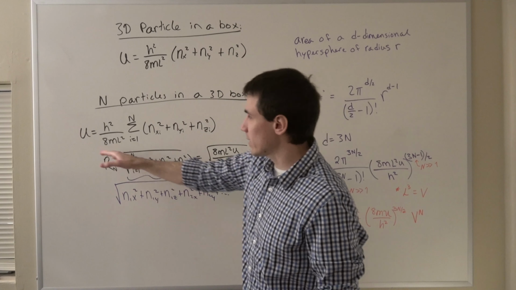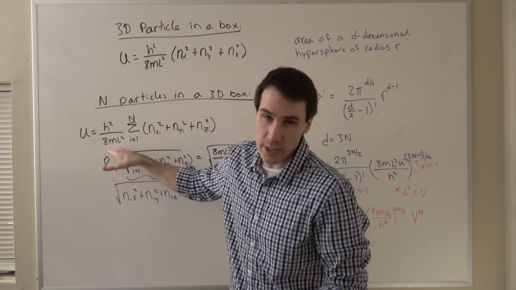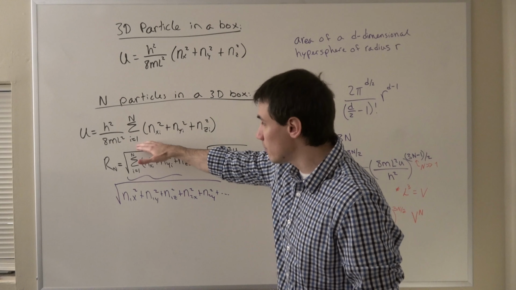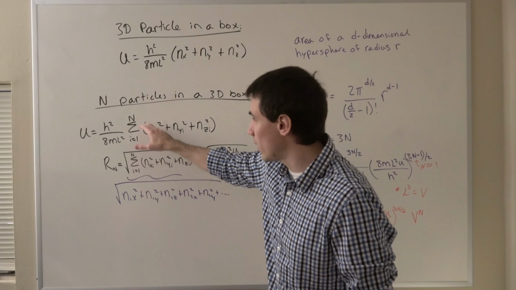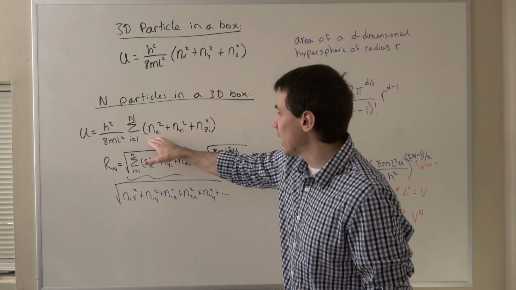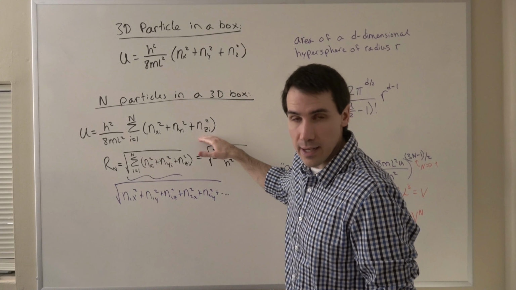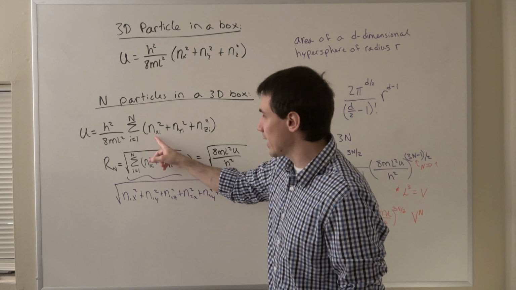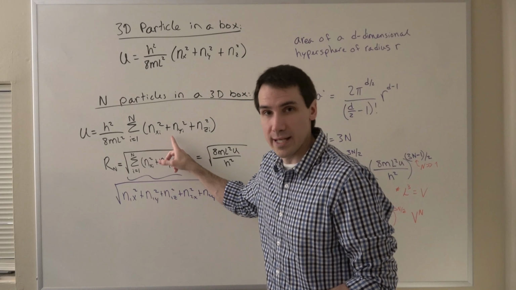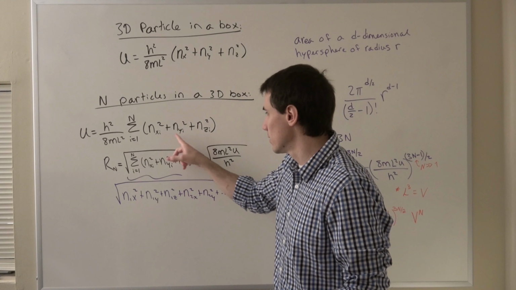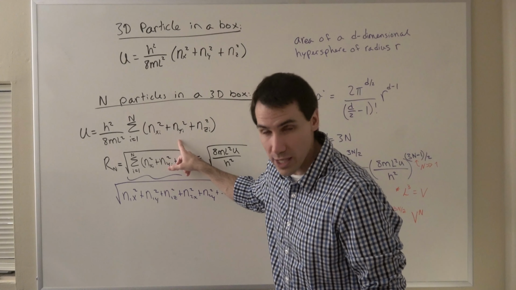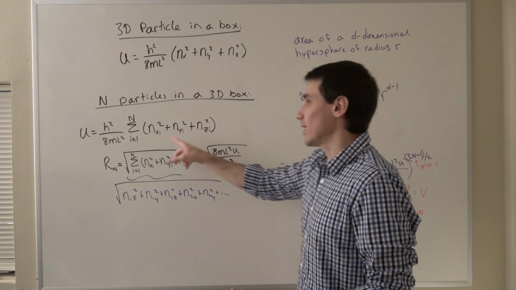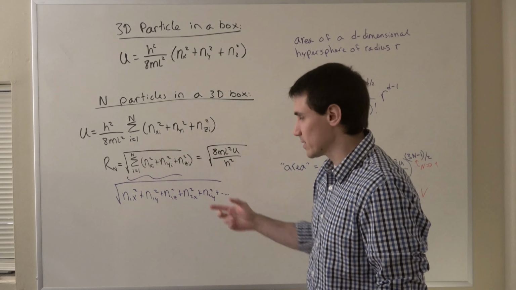So our energy is our coefficient up front, because that's the same for every particle, multiplied by a sum over all of the particles from 1 to big N of our energy state values for each particle, right? So we have nx1 squared plus ny1 squared plus nz1 squared plus nx2 squared plus etc.